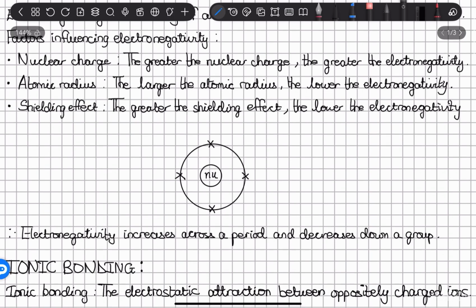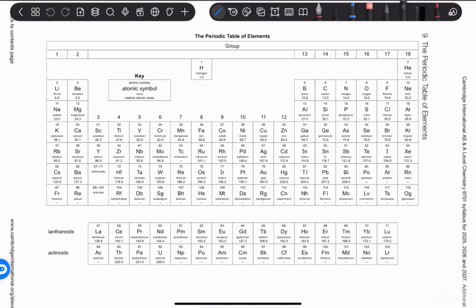The way I usually remember these trends is to remember that fluorine is the most electronegative element you can have. And once you just remember that fact and you see your periodic table, fluorine is in the corner here, you can immediately tell that fluorine is at the extreme right and it's at the top.